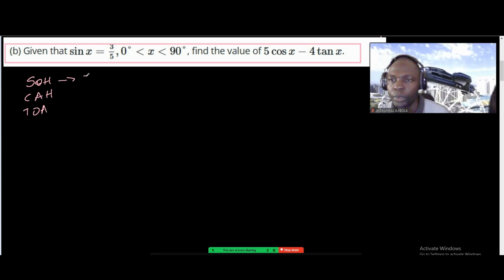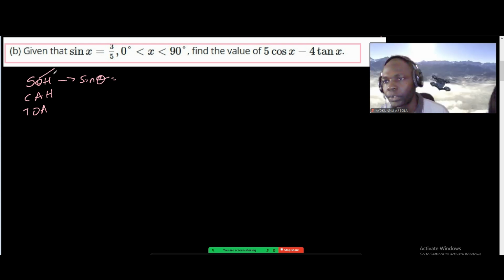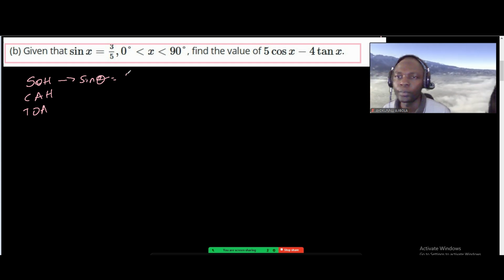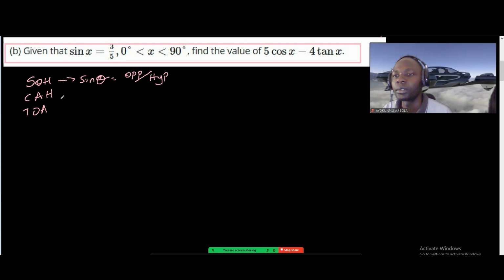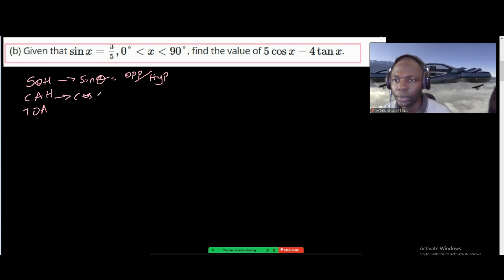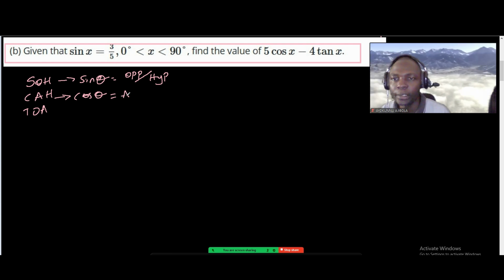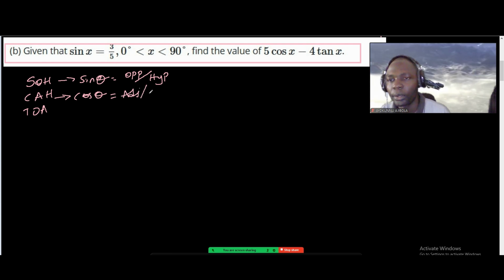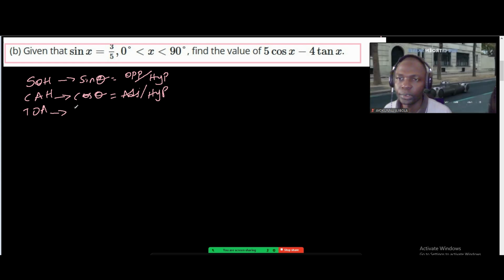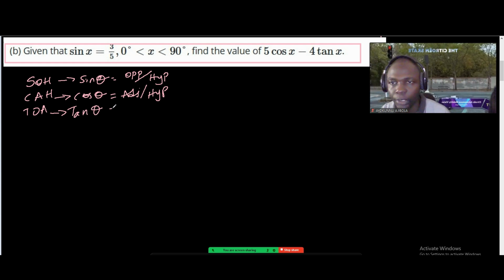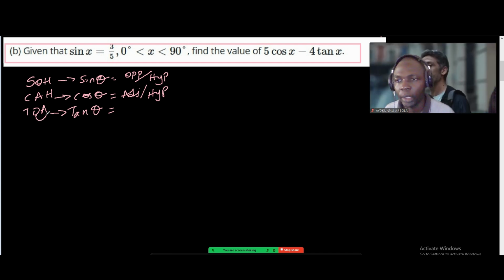So sine x or sine theta is opposite over hypotenuse, O and H. Then the second one is cos x or cos theta, equal to adjacent over hypotenuse. And the last one is tan theta or tan x, so that is opposite over adjacent, O and A.